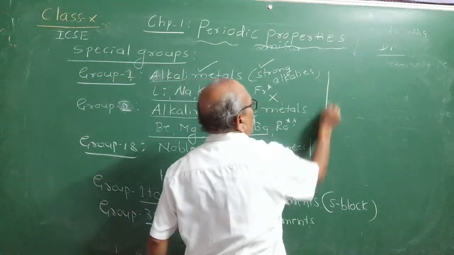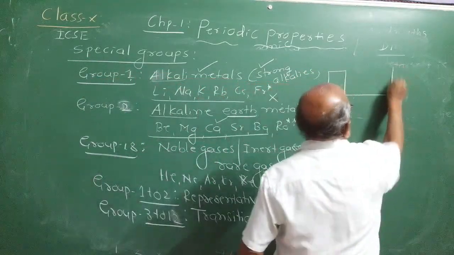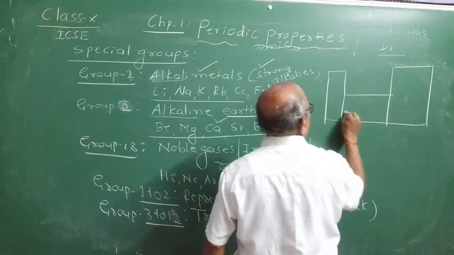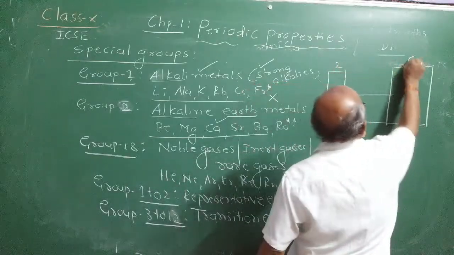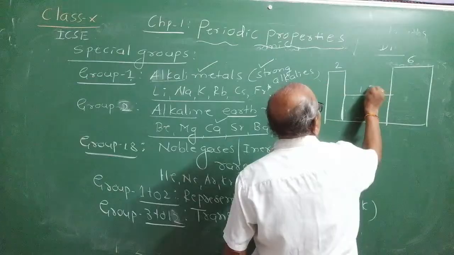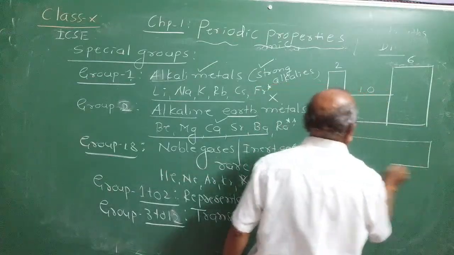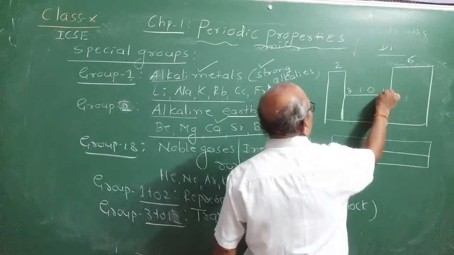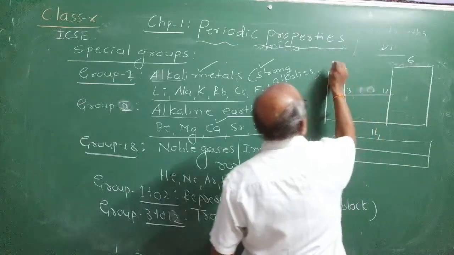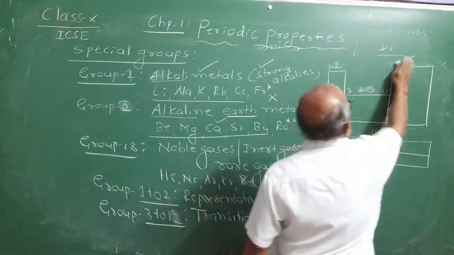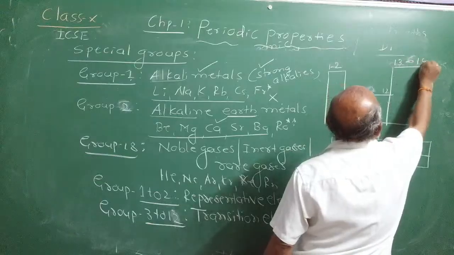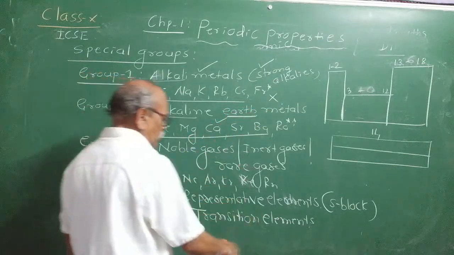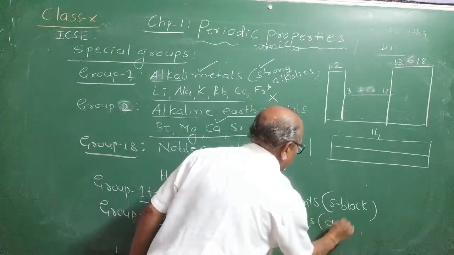Observe the periodic table: here there are 2 groups, here 6 groups, here 10 groups, here 14 groups. These are groups 3 to 12, and the elements in groups 3 to 12 are called transition elements. They are also called D block elements.